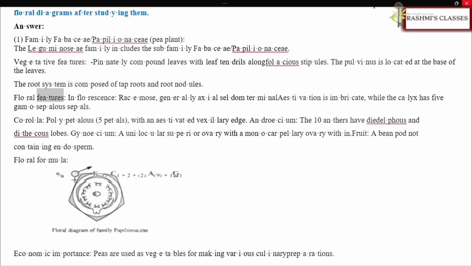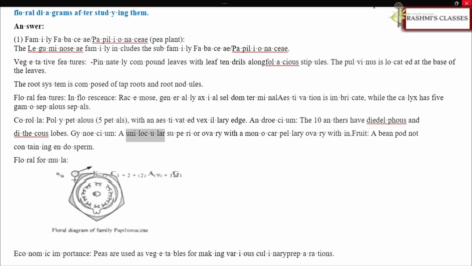Floral features: inflorescence, racemose, generally axillary, seldom terminal. Estivation is imbricate, while the calyx has 5 gamosepalous sepals. Corolla, polypetalous, 5 petals, with vexillary estivation. Androecium, 10 anthers, diadelphous and dithecous.